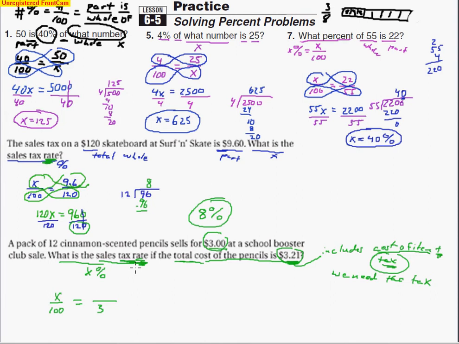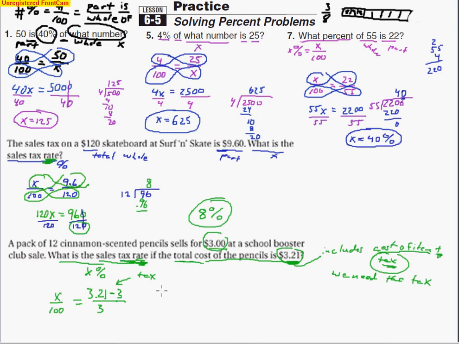Well, let's take that total amount that we ended up spending, 321, and subtract the amount of the item, the 12 scented pencils. So I'm going to subtract that $3 from the 321 to find out what the tax is. And this will give me what that tax actually was.